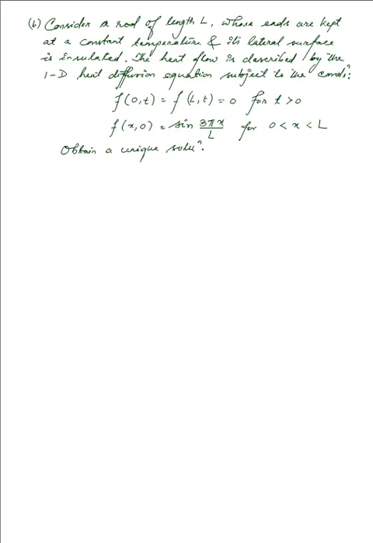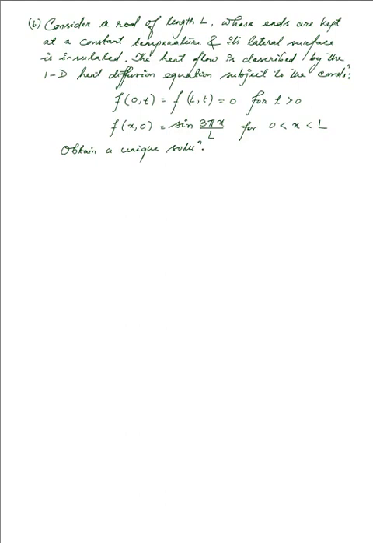The heat flow is described by one-dimensional heat diffusion equation subject to the conditions that for f at 0,t, that is the beginning of it, for the length being 0, so the starting point, or we can say one end of the rod, and for f at L,t, that is the other end of the rod, considering the length of the rod being L, that is equal to 0 at any given time t greater than 0, which is at any given time, of course.